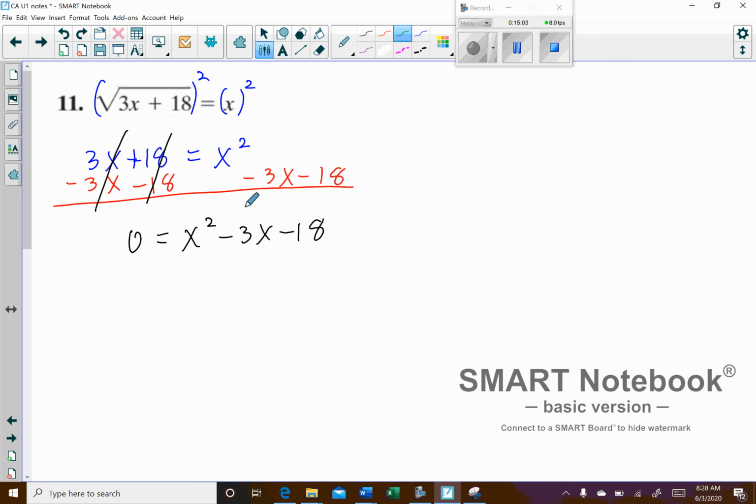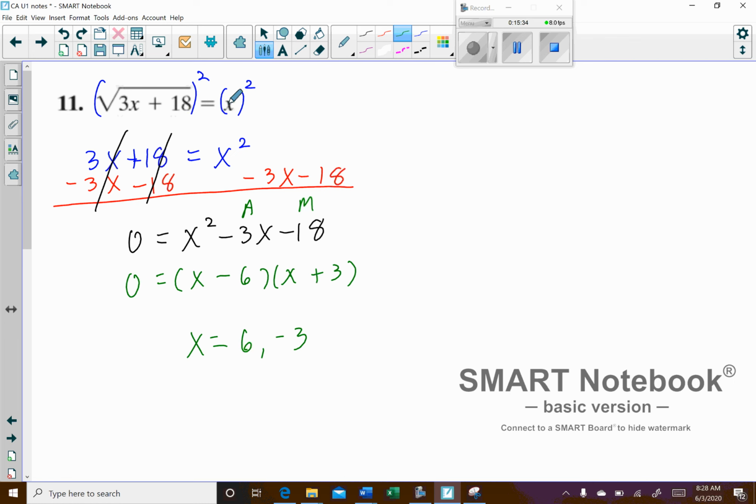We can go ahead and factor this by doing our AC method. So what multiplies to give me negative 18, but adds to give me negative 3? That should be a minus 6 and a plus 3. Those multiply to give you negative 18. They add to give you negative 3 in the middle. So our proposed solutions are going to be positive 6 and negative 3. Those are the solutions to this equation here.